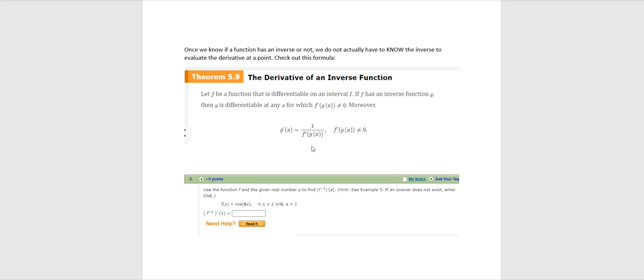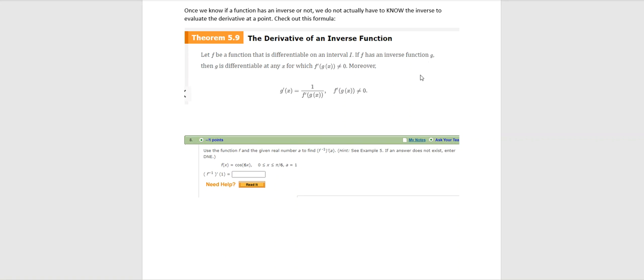Check out this theorem. And remember, we're using Larson, so I want to make sure I give Larson Calculus, 11th edition, all the credit because I did not write this. Let f be a function that is differentiable on an interval I. If f has an inverse function g, so if f is monotonic, then g is differentiable at any x for which the derivative at g of x is non-zero.